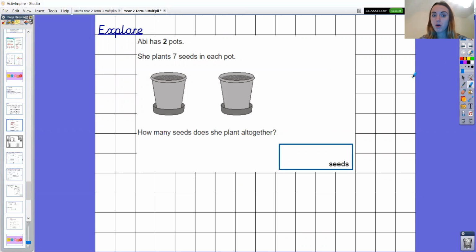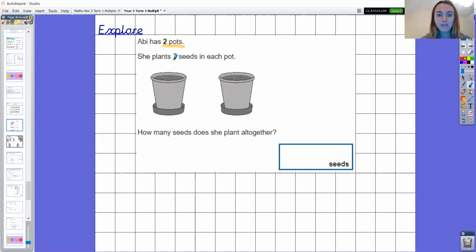Abby has 2 pots. She plants 7 seeds in each pot. How many seeds does she plant altogether? Okay, I'm going to read it again, and this time highlight the key information. So Abby has 2 pots, and we can see those 2 pots in the picture. So that's some key information that I'm going to need to use.